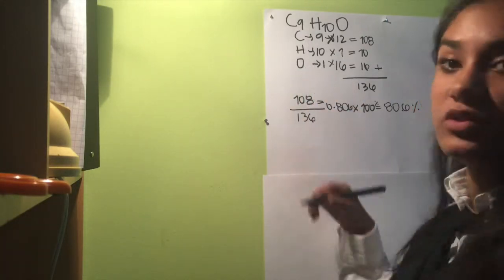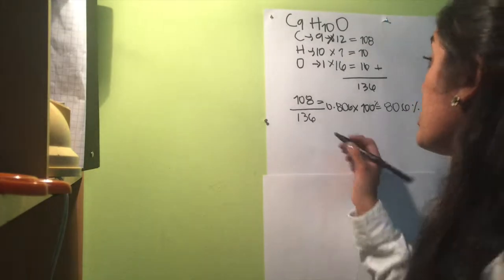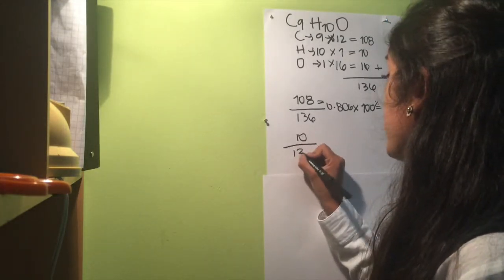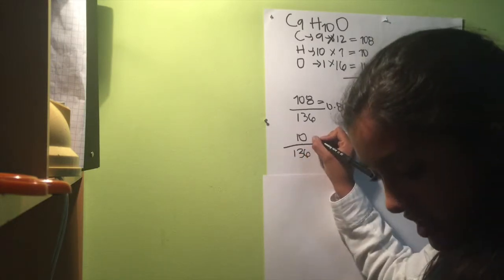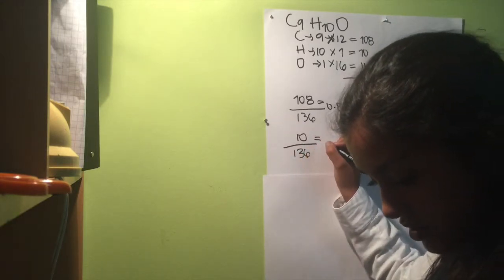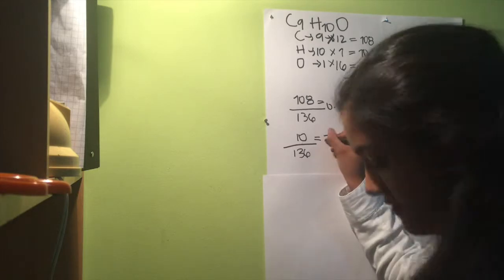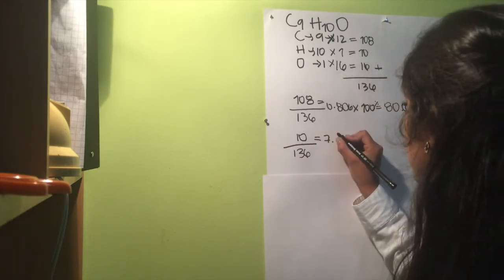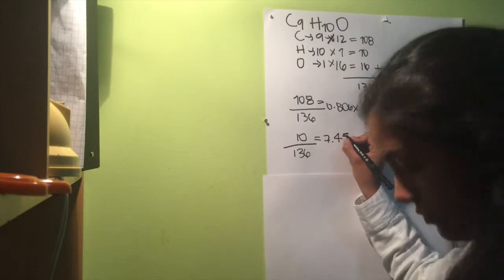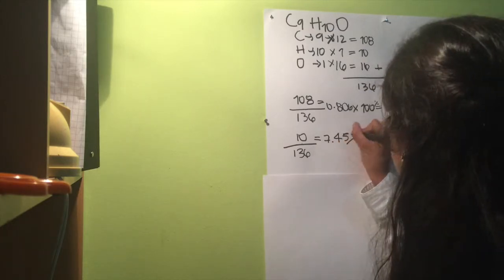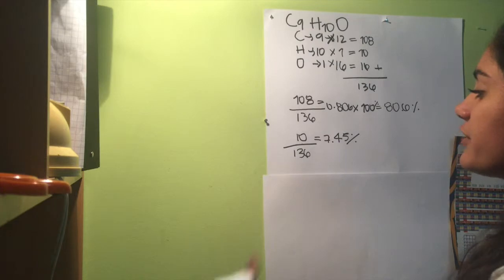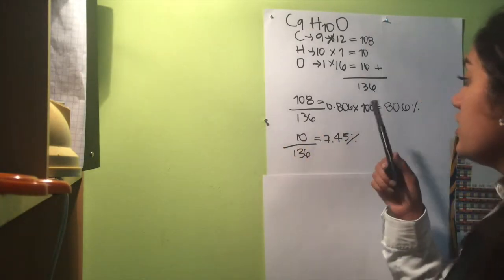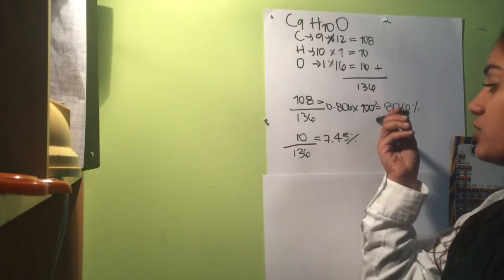Now we're going to take the percentage of hydrogen. So we take 10 divided by 136, and this is going to give us 7.46%. What I did here is that I wrote it in my scientific calculator and multiplied by 100.